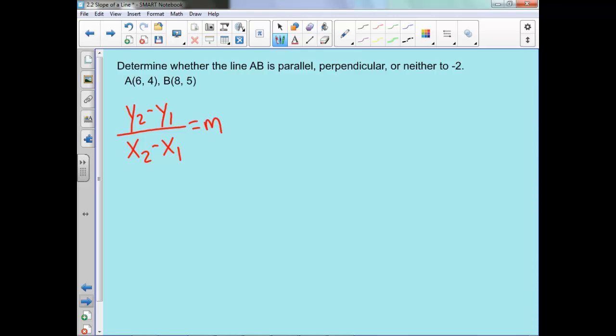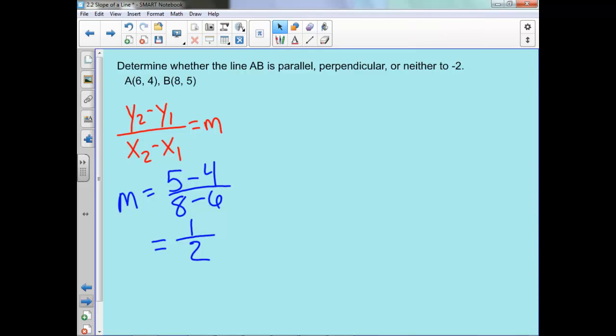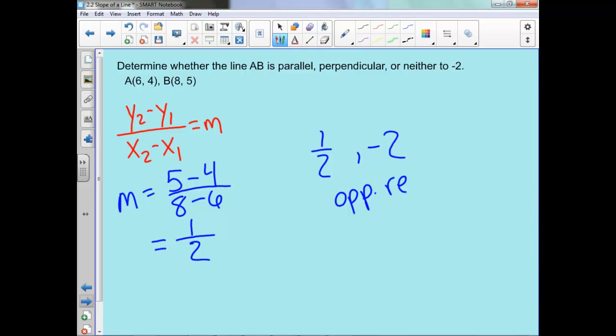So using these actual points, we'll have 5 minus 4 over 8 minus 6. 5 minus 4 is 1. 8 minus 6 is 2. We get a half. And then notice this half and -2 are opposite reciprocals, which means they are perpendicular.